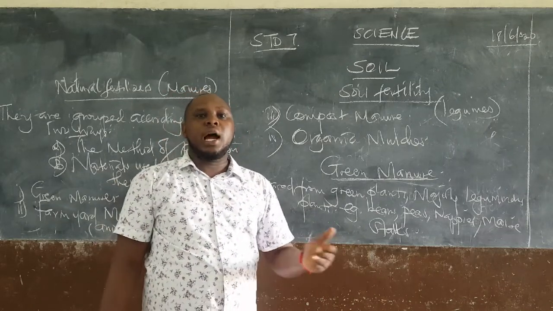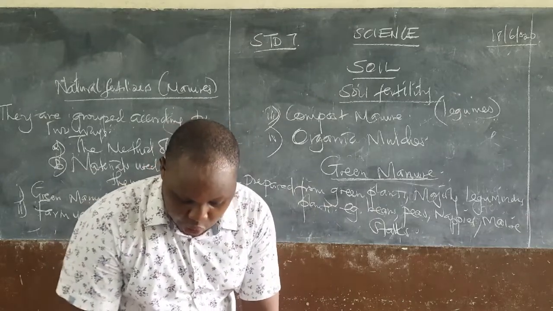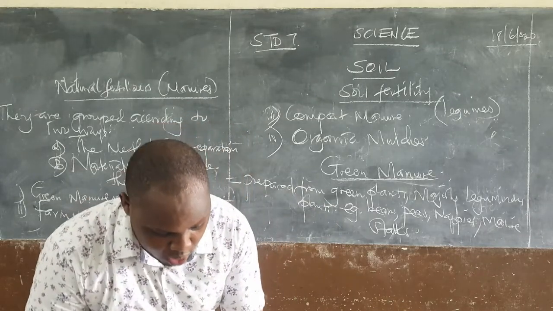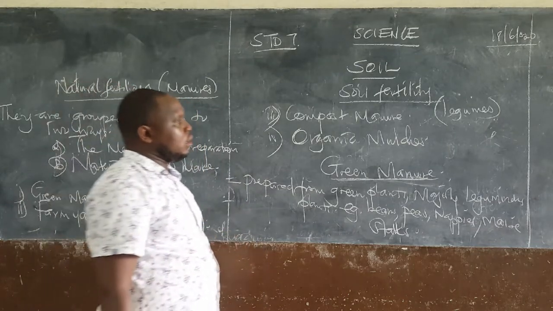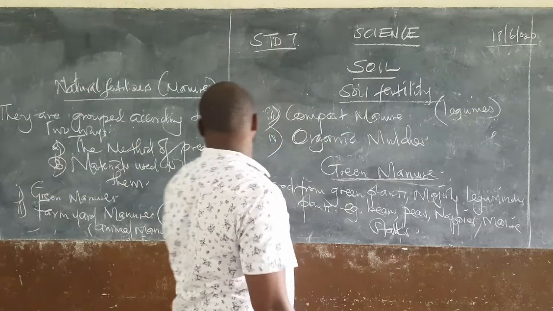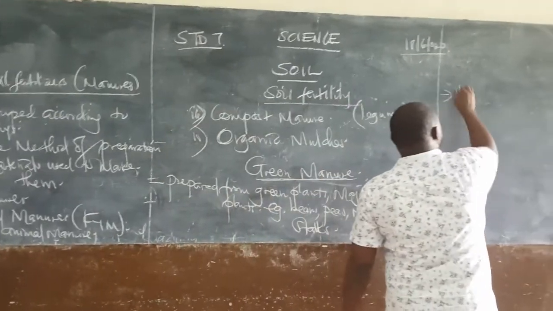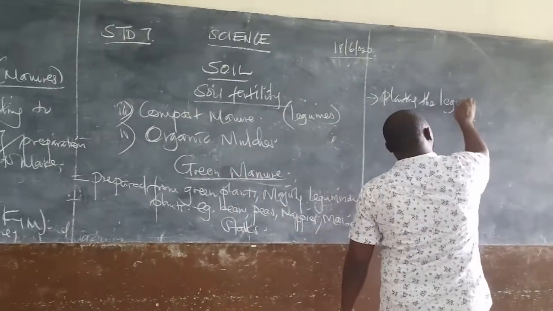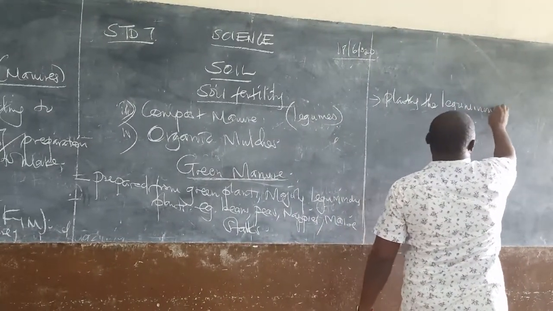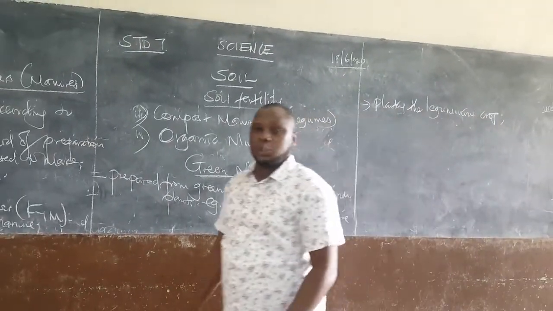So you want to see how they are prepared. It is very important to know how they are prepared, and the way we prepare this is very simple. Number one is to plant the leguminous crop.